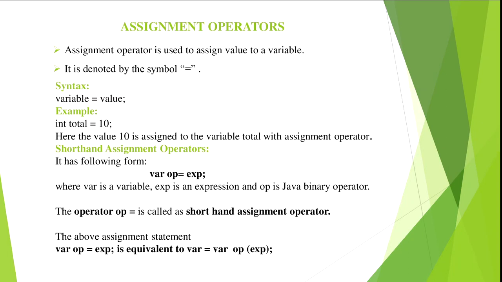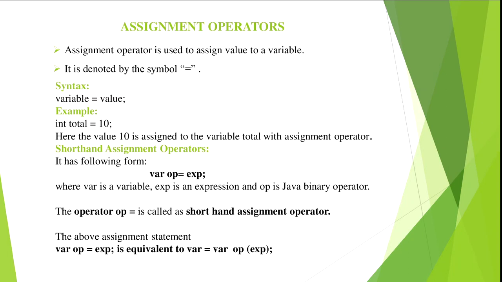Along with the assignment operator, Java provides the shorthand assignment operators. It has a different form, and generally the form of the shorthand assignment operator is: var OP equal to EXP. Here var is a variable, EXP is an expression and OP is a Java binary operator.